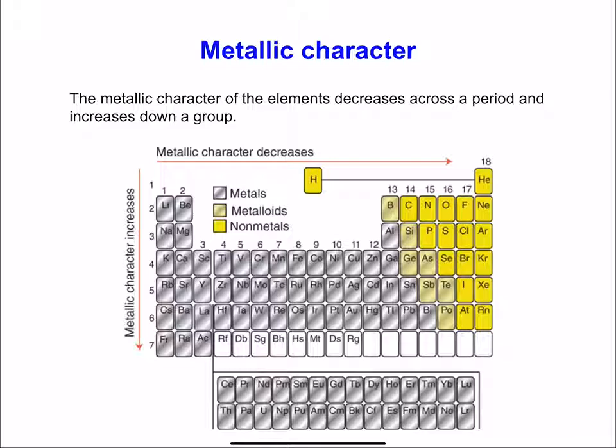As we show in this arrow, from group 1 all the way to group 18, left to right, we see a decrease of the metallic character of elements. And going from top to bottom in the same group, we see an increase of metallic character.